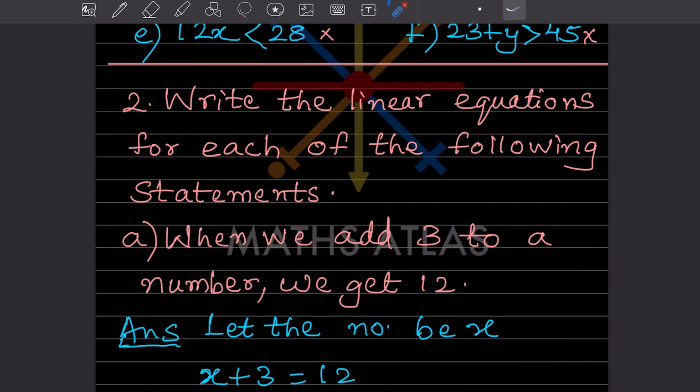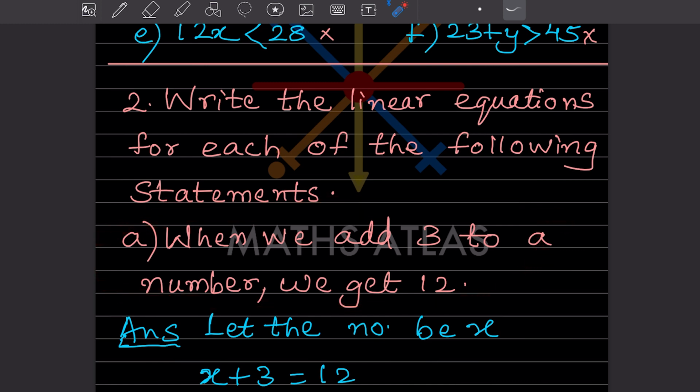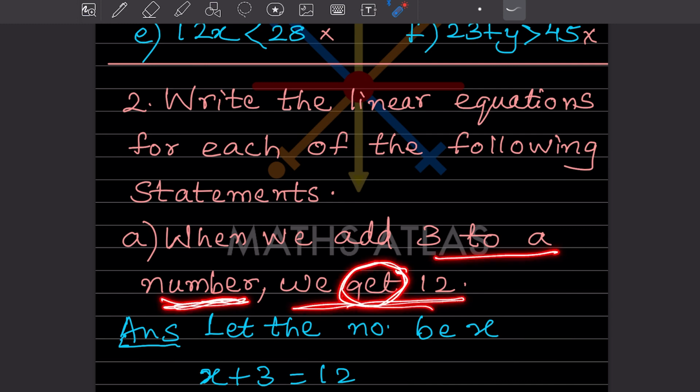They said to write a linear equation for each of the following statements. This statement is given over here and you have to write the linear equation for that one. So now what did this say? When we add 3 to a number, we don't know what the number is. We get 12. This word "get" means the result is 12.